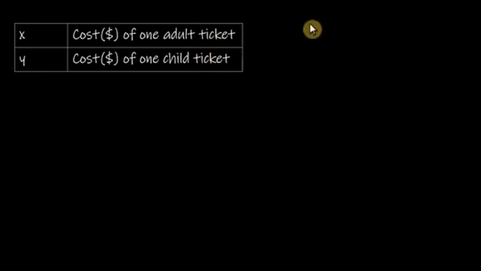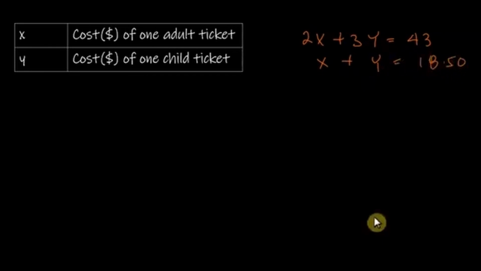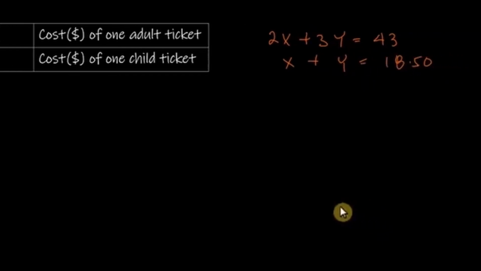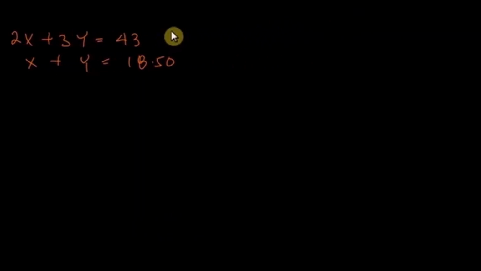So we have here 2x plus 3y is equal to 43. And this is in dollars. Then we're also given that 1 adult ticket x plus 1 child ticket y is equal to $18.50. So what we need to do is to find the values of x and y so we can solve these two equations. So let's refer to this one as equation 1, this one as equation 2.